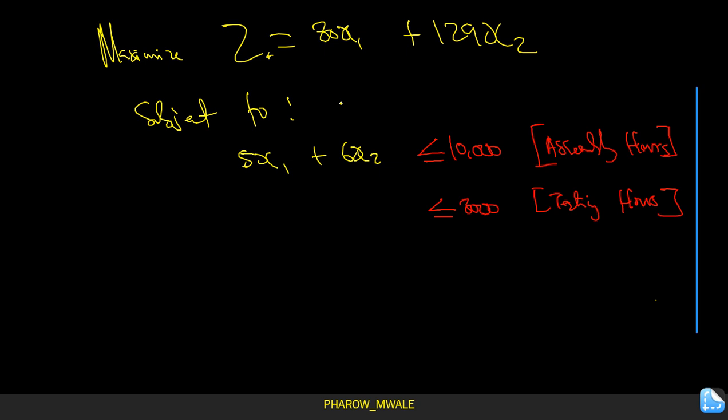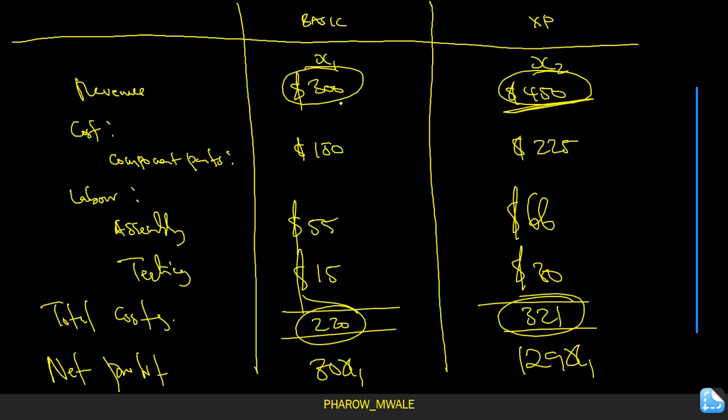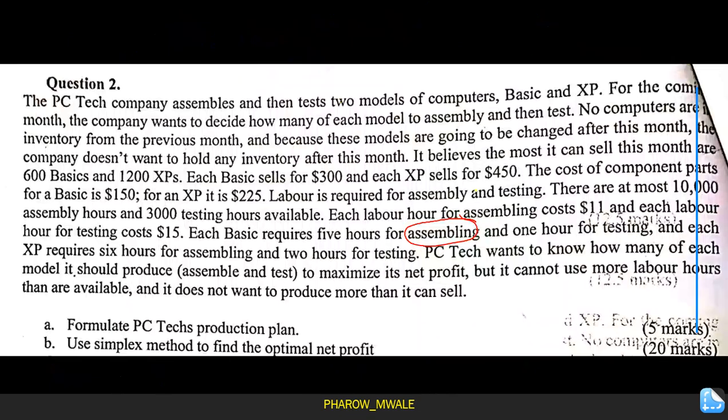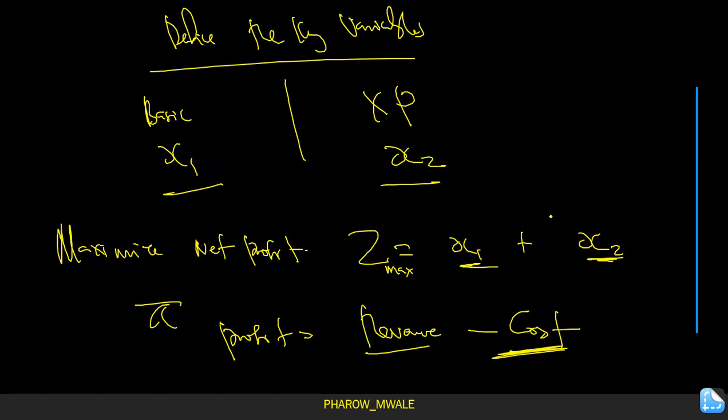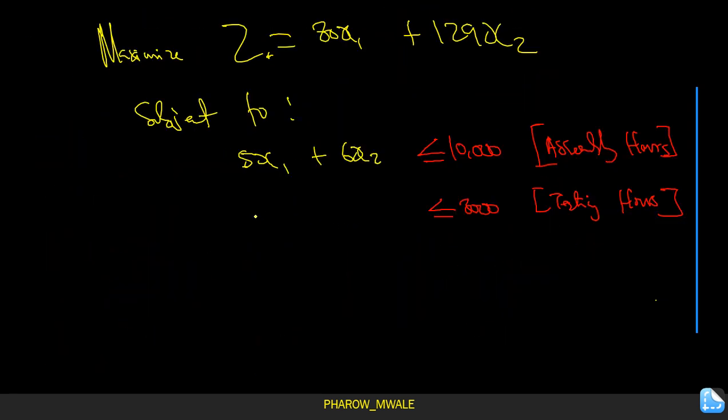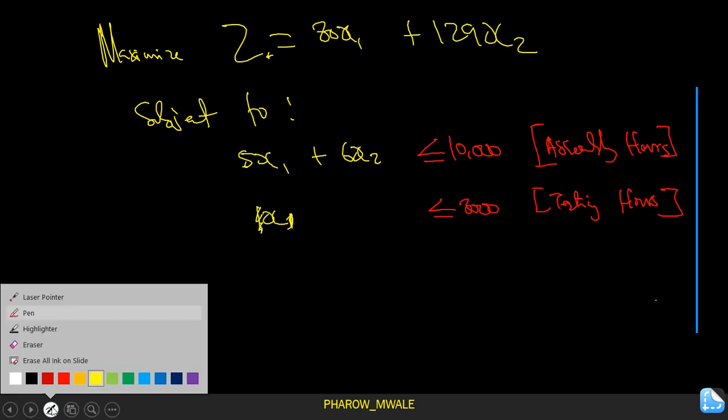We can now look at the testing hours. We have already been told that each basic requires 1 hour for testing. So 1 hour for testing, you can even say 1x1, or leave out the 1, it will be just x1.